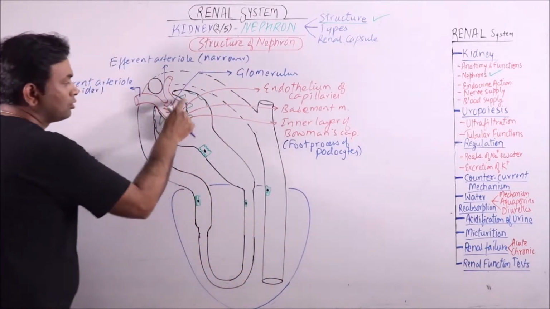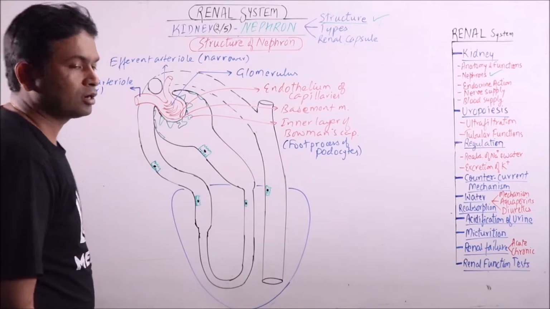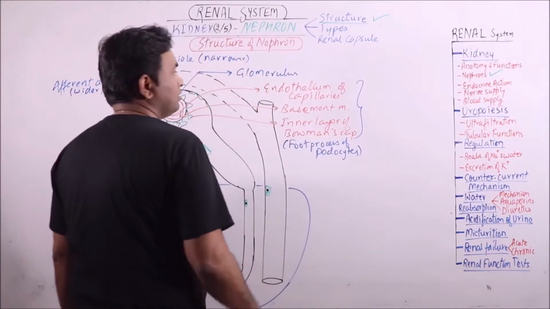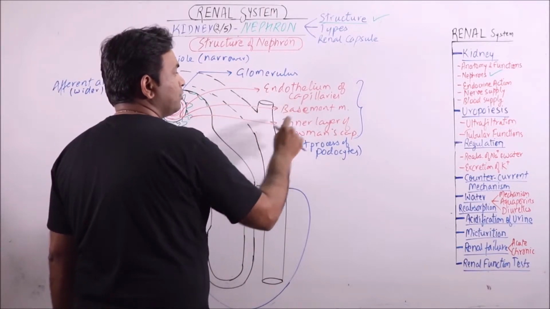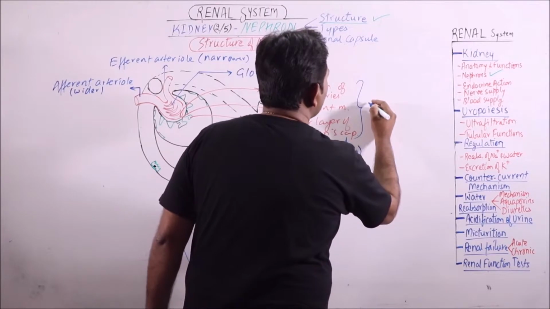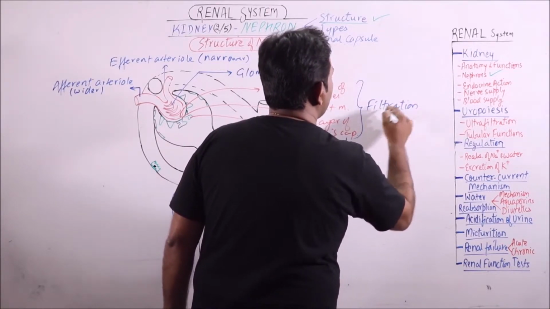These cells are podocytes which are forming the inner layer of Bowman's capsule or visceral layer of Bowman's capsule. All three structures, that is endothelium of capillary, basement membrane and inner layer of Bowman's capsule, form the filtration barrier.